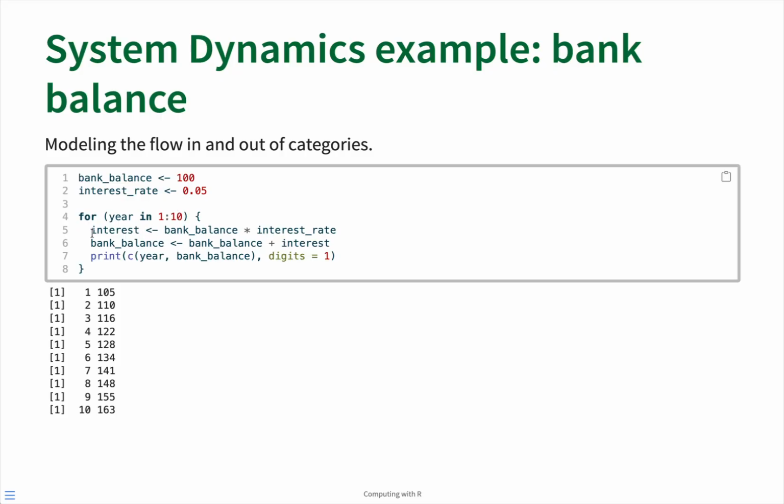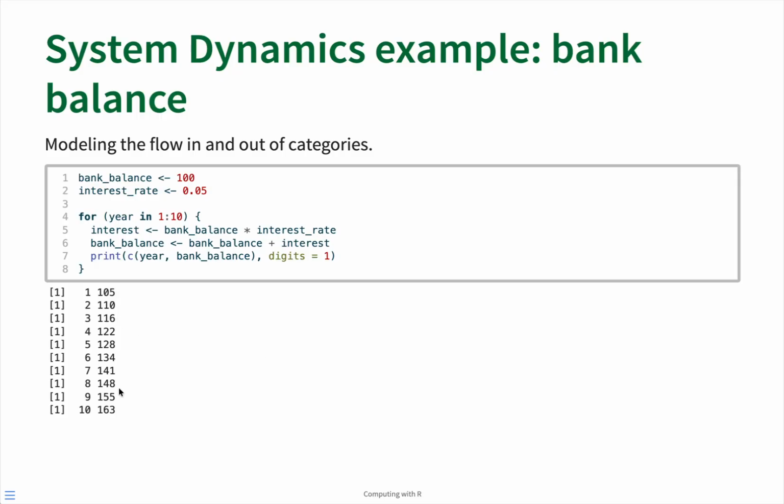Okay. And in each one of those years, we're going to calculate the amount of interest that our bank balance earns, right, by multiplying the existing balance by the interest rate. Then we're going to update the value of our bank balance by adding that calculated interest to the existing balance. And then finally, we're going to print out the value of our balance at the end of that year. And then we're going to repeat that 10 times in total.